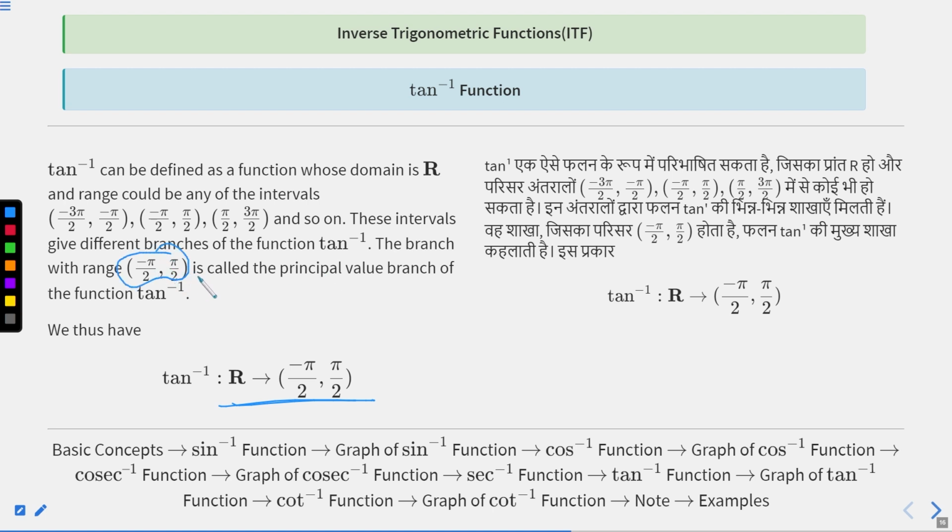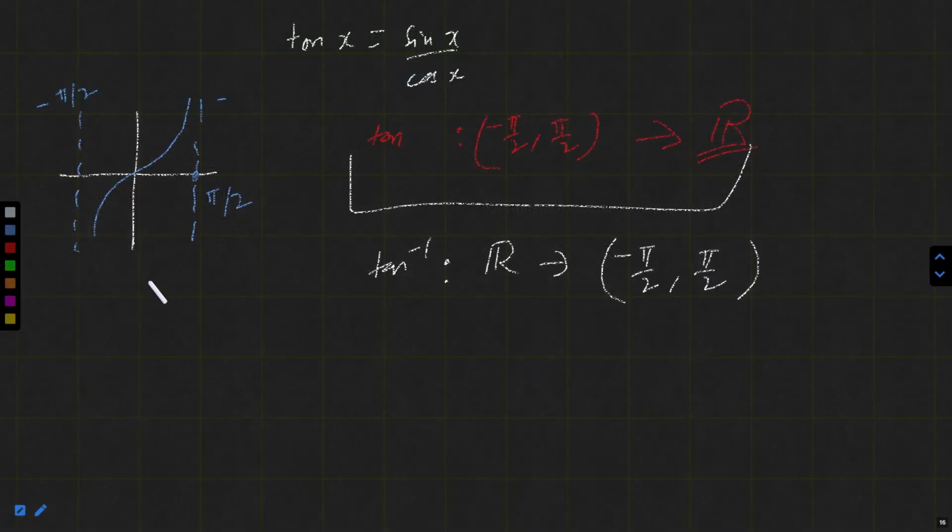Now what will its inverse graph look like? Quite easy.